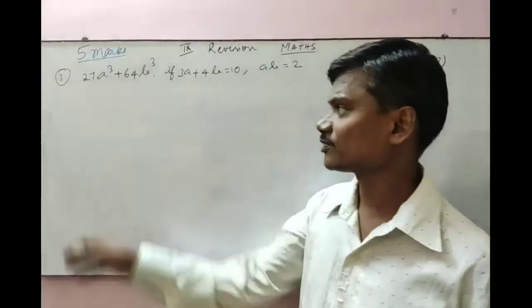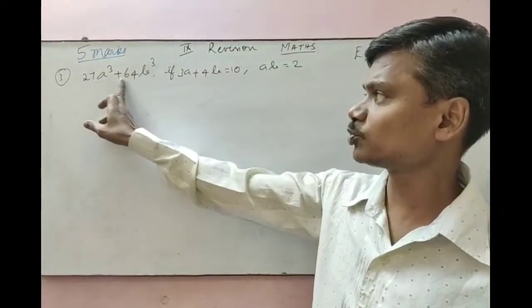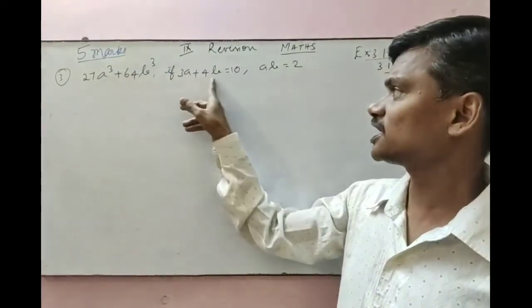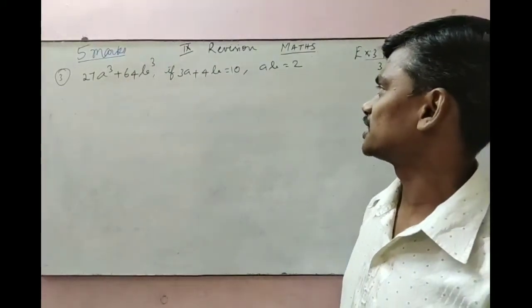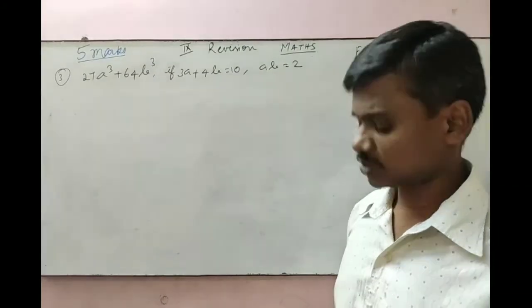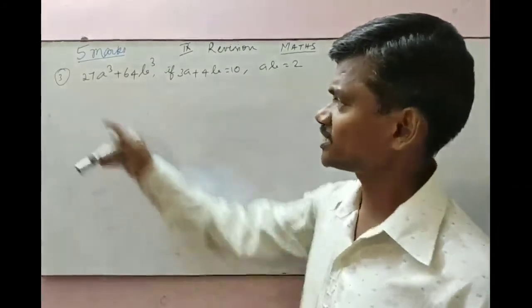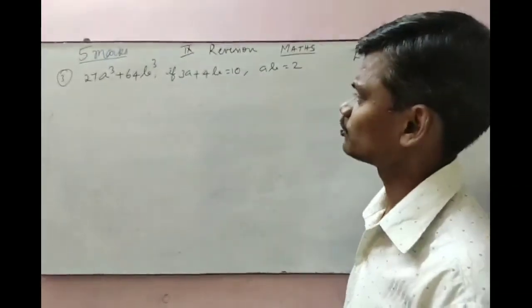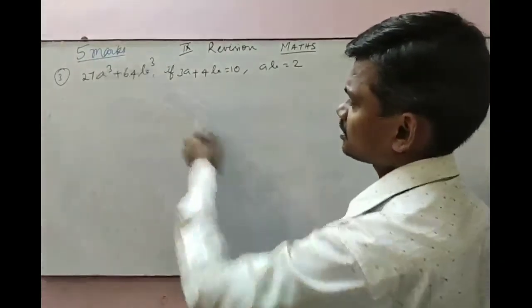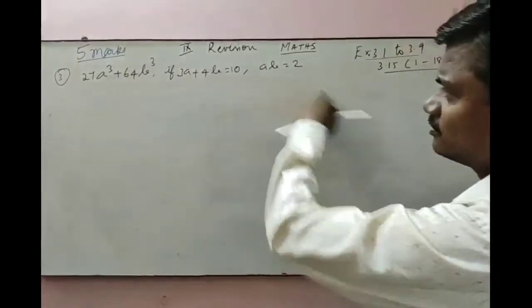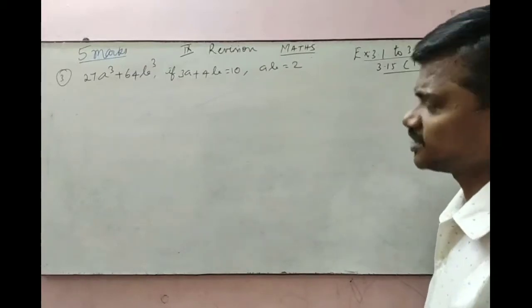Next in the third sum, find 27a cube plus 64b cube if 3a plus 4b equal to 10 and the value of ab equal to 2. Here 27a cube plus 64b cube is the thing we have to find, but here we have 3a plus 4b as a value.